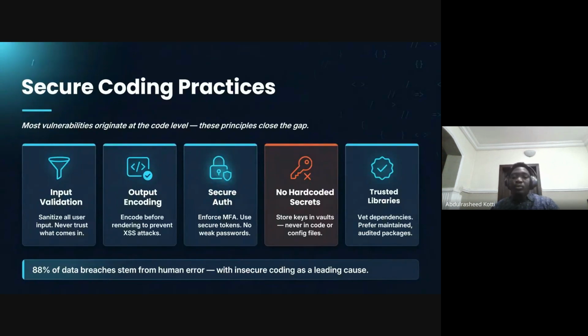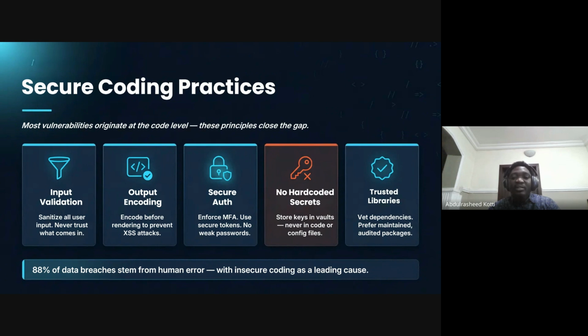Now let's talk about coding. Most security problems start at this stage, the stage of coding. Because of this, developers must follow safe practices. The first that they should do is input validation.